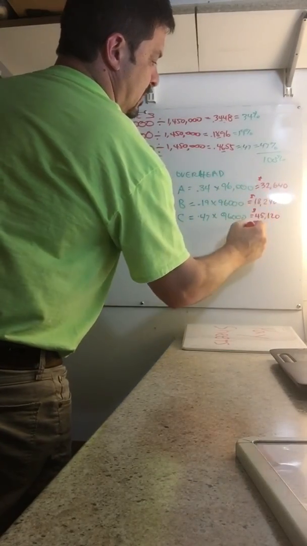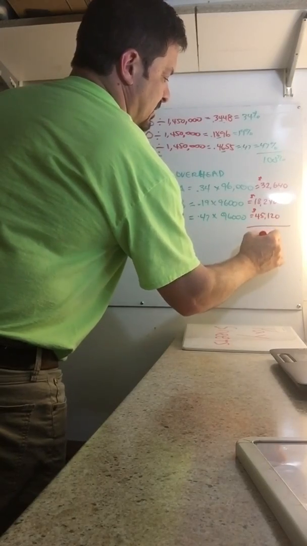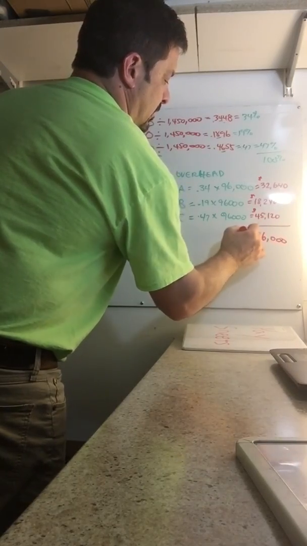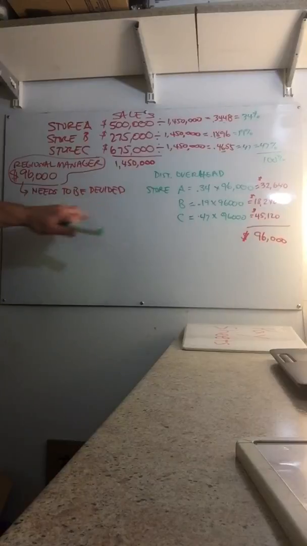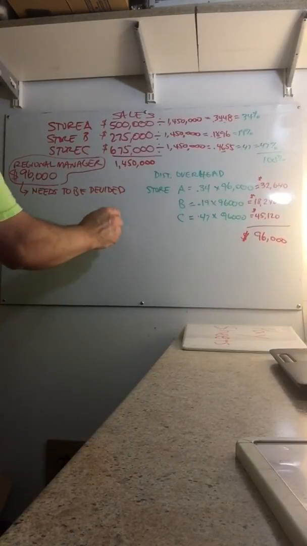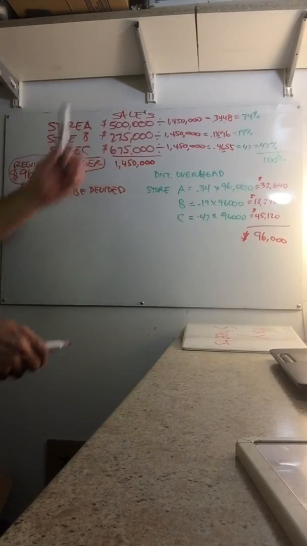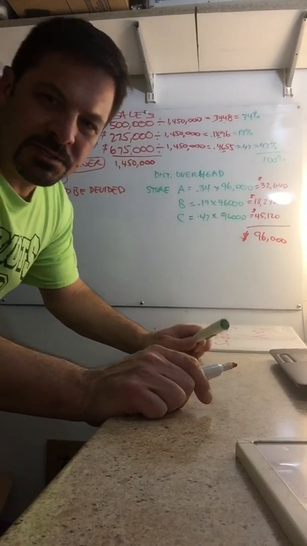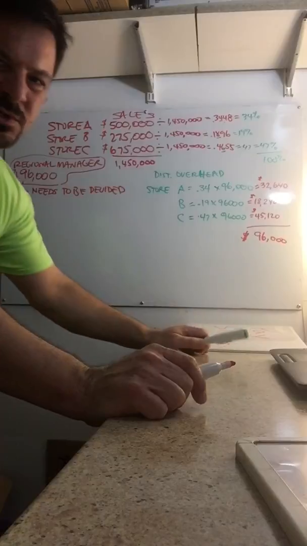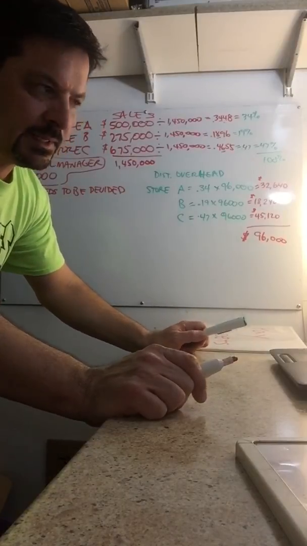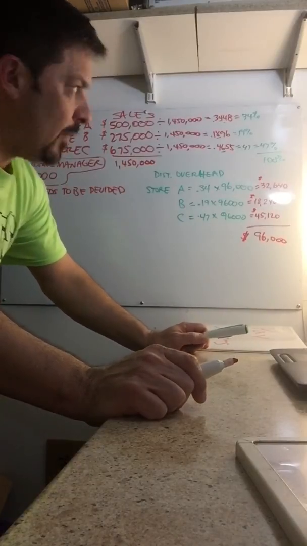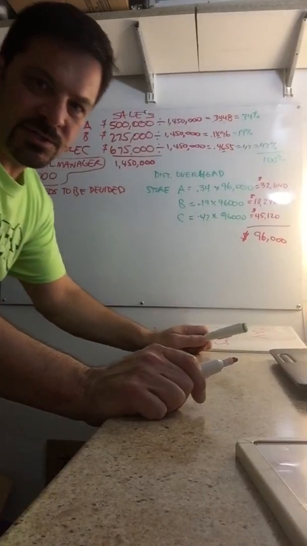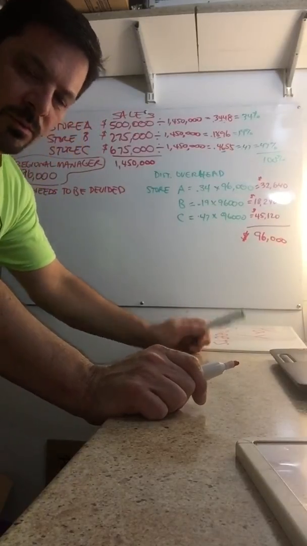And what this is, basically, is that $96,000, but this time it's split up. It needed to be divided, and we just chose store sales. Some people would say, well, let's use the square footage of the floor plan. Let's use how much time this manager spends at each store. It doesn't really matter.